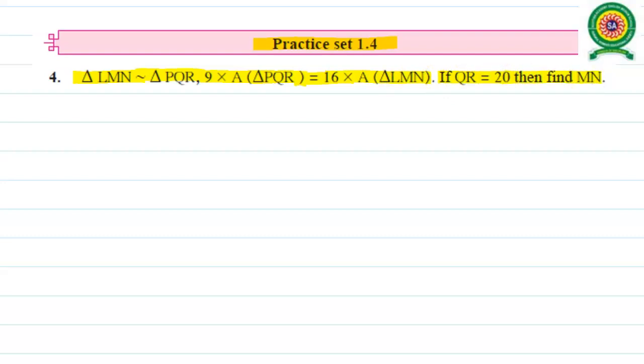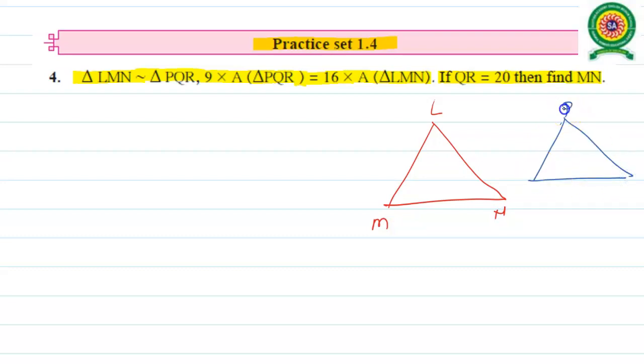Now let us suppose we have triangle LMN, which is similar to another triangle, let it be triangle PQR. Given that the two triangles are similar, we have 9 times the area of triangle PQR equals 16 times the area of triangle LMN.